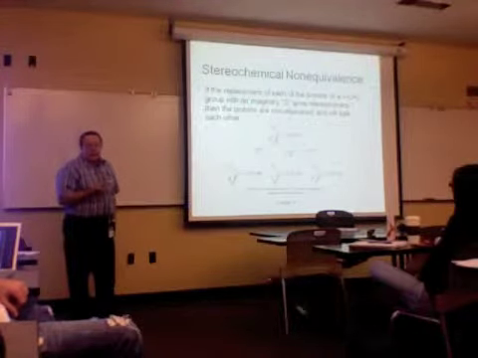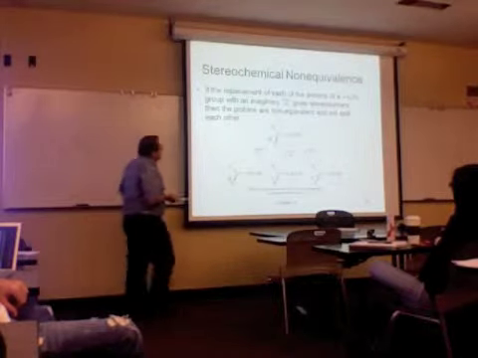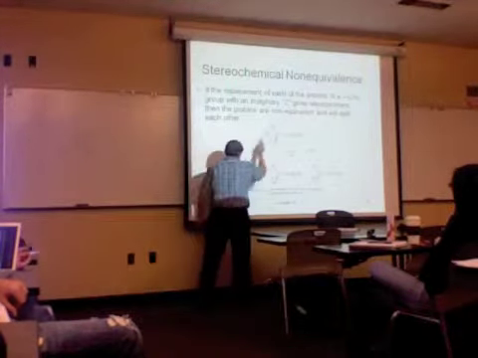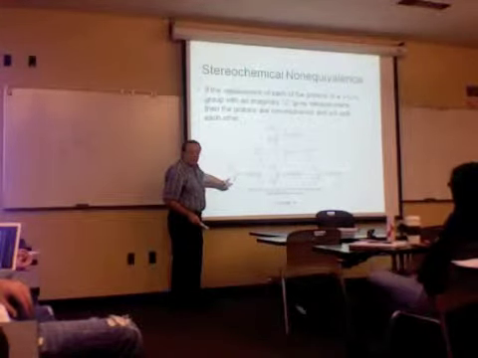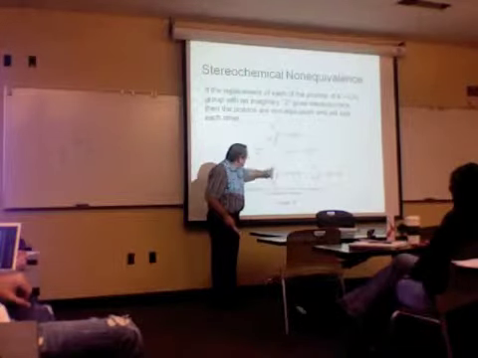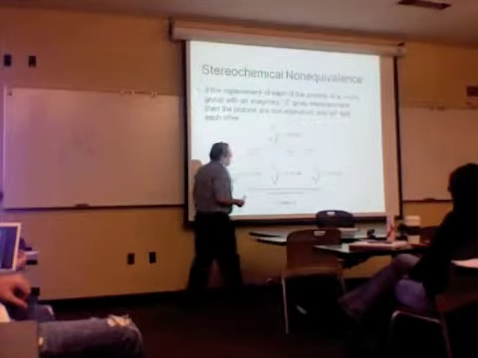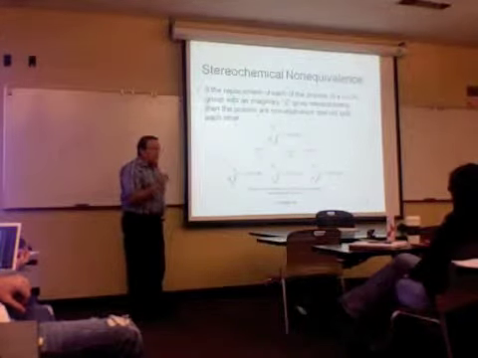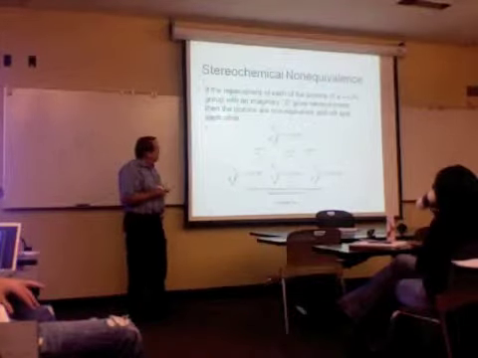I don't know why they give you an example where that doesn't happen here to start you off, but notice if I replace one with a Z, these two are still identical, and so they don't split each other. If I replace 2 with a Z, these two are still the same. If I replace 3 with a Z, they're all the same. So these hydrogens are identical to one another, and they won't split one another.